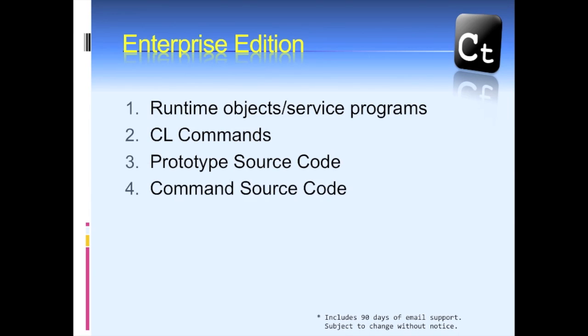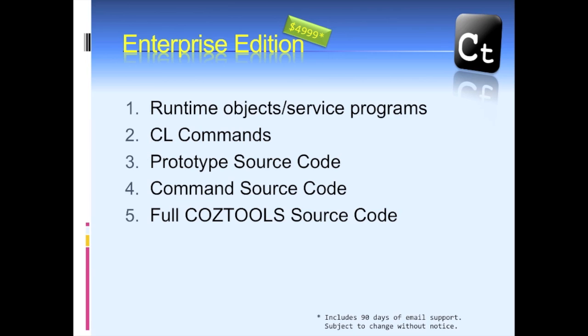We also give you the command definition source code and the full source code to all the Cozzi Tools, allowing you to actually recreate the tools yourself, modify them, or if you're in a corporate environment where you're just required to own a copy of the source code, the Enterprise Edition is the one that's right for you.